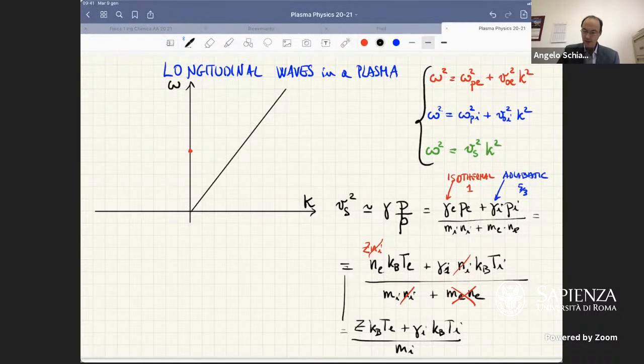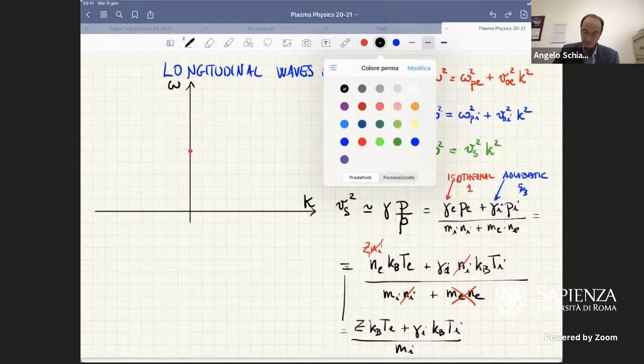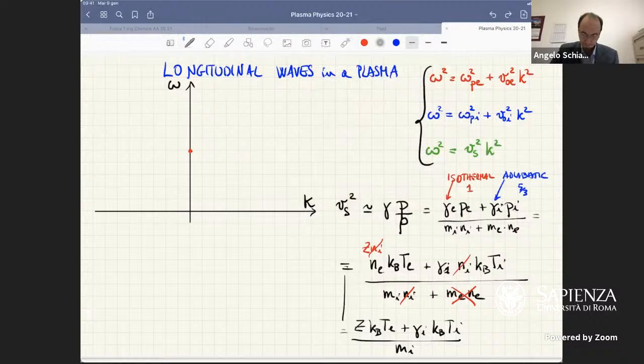Okay, let's make it a little bit lighter, maybe with a different color. Okay.